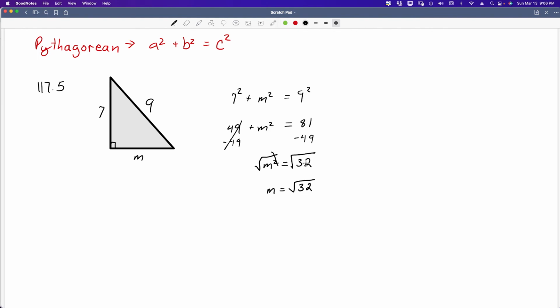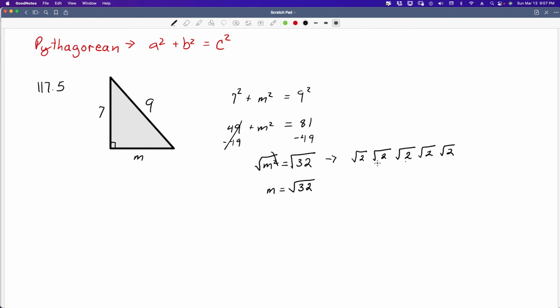And that's it. Even if we factored this out, right? So we could factor this out as the square root of 2 times 16. Right? 16 is 2 times 8. Then we have, let's see, 2 times 4, which is 2 times 2. So let's see if that's right. That's 4, 8, 16, 32.